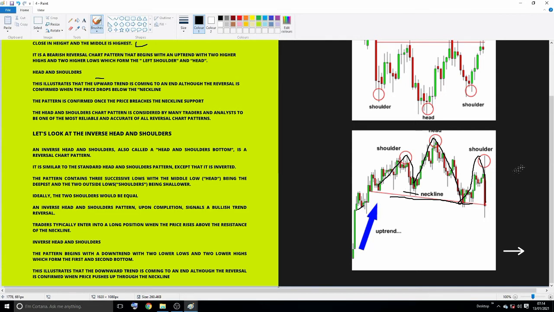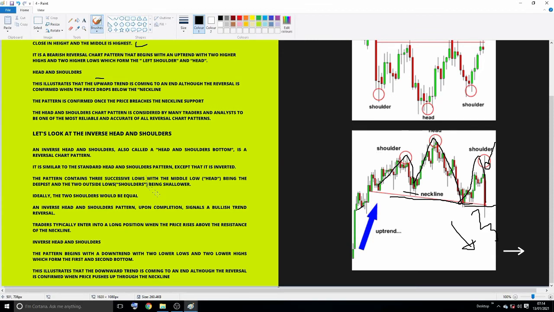You don't just enter here because the price can still continue, but if the price breaks the neckline, now we can start looking for trading opportunities to the downside, as it is highly possible that the trend has changed.